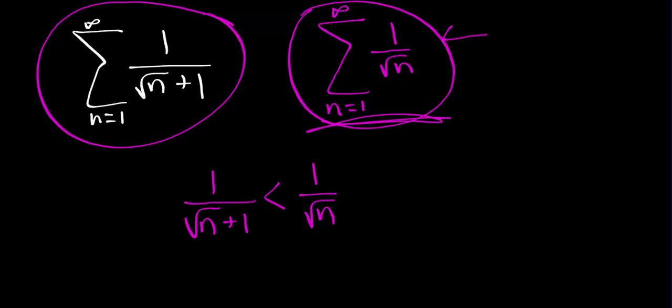So you have to be careful when you're working with a direct comparison test. If you want to show a series diverges, find a series that's smaller that diverges. If you want to show that a series converges, find a series that's larger that converges. That's the way we proceed with these.